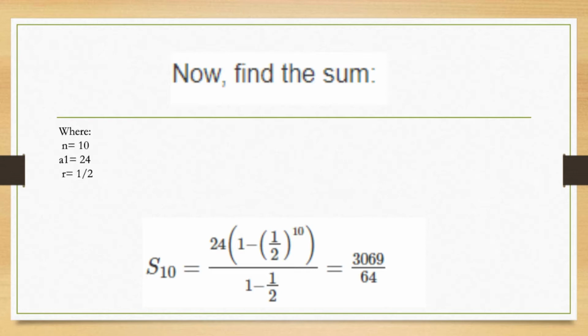S of 10 equals 24 times the quantity of 1 minus 1 half raised to the power 10, all over 1 minus 1 half.